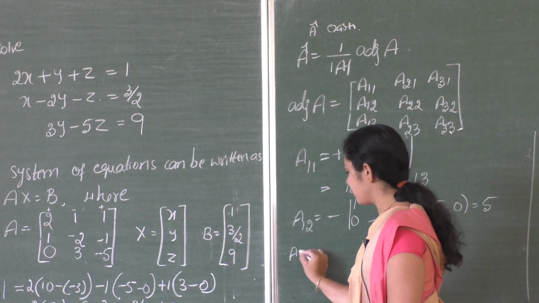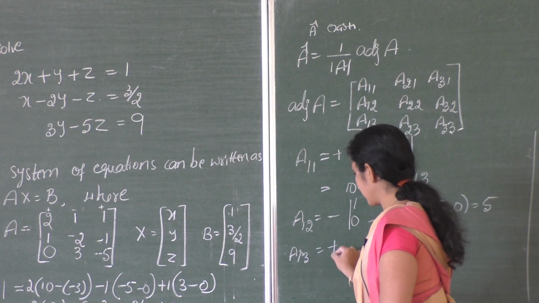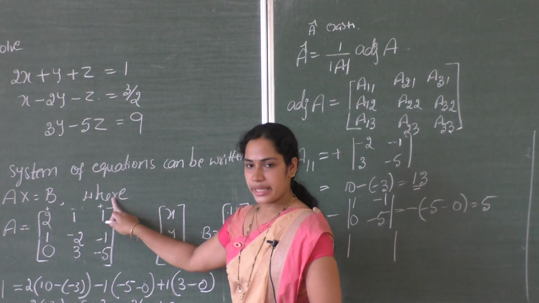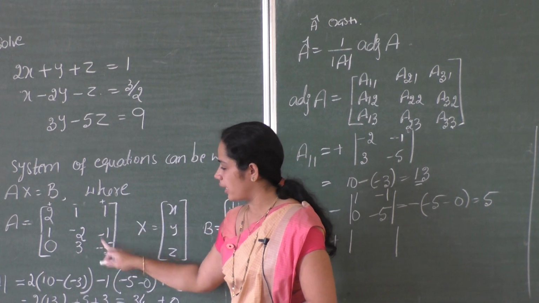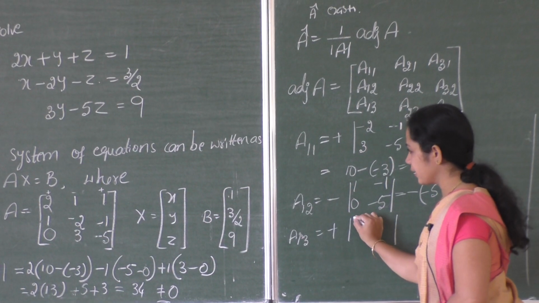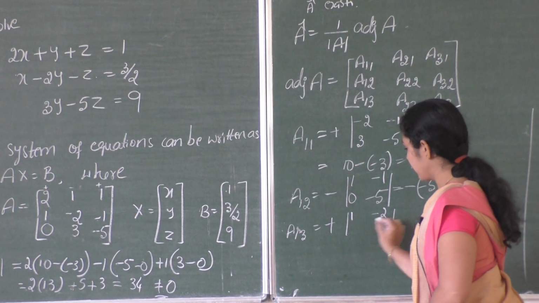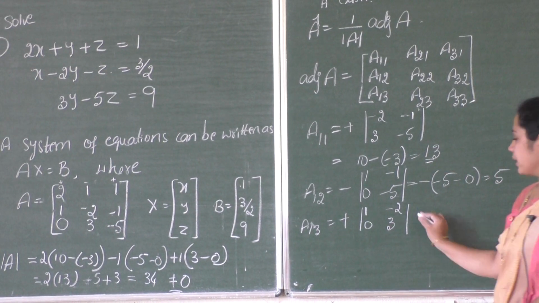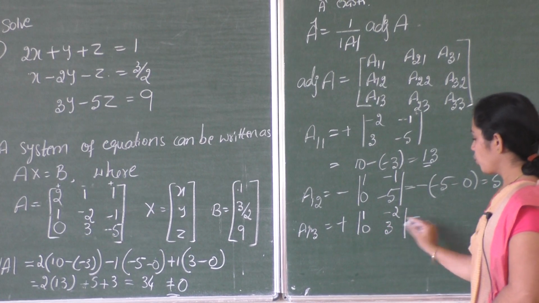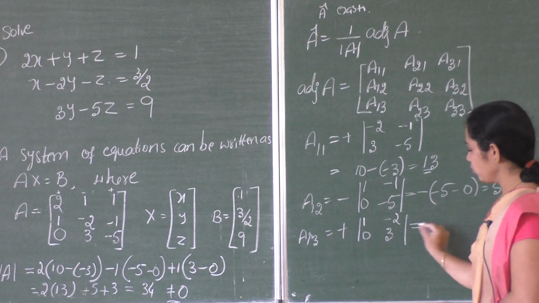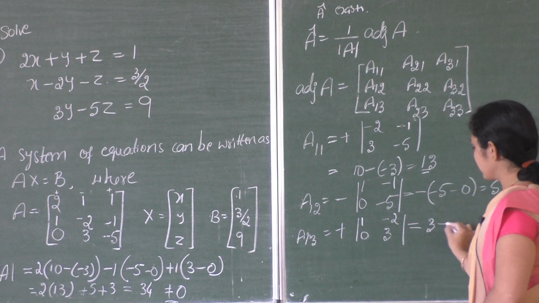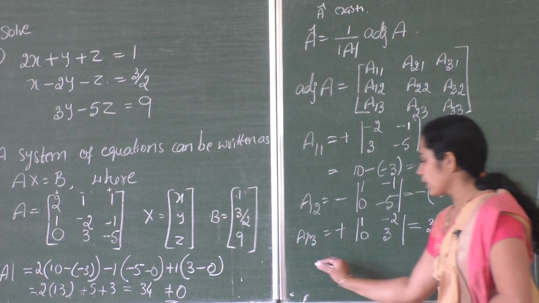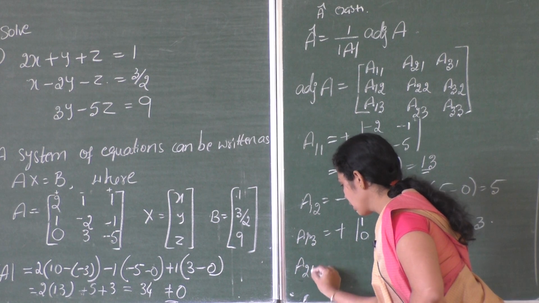Next A13. A13 is positive. Here delete first row and third column. Remaining is 1, minus 2, 0, 3. This is equal to, here positive, 3 minus 0, that is 3. Next A21.